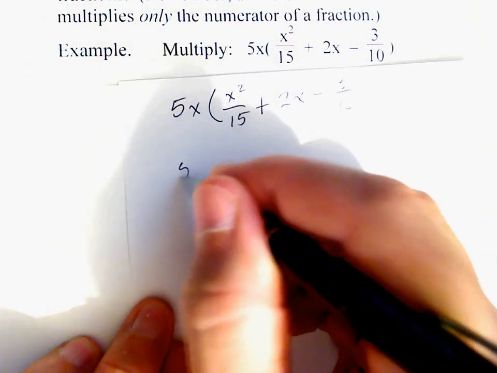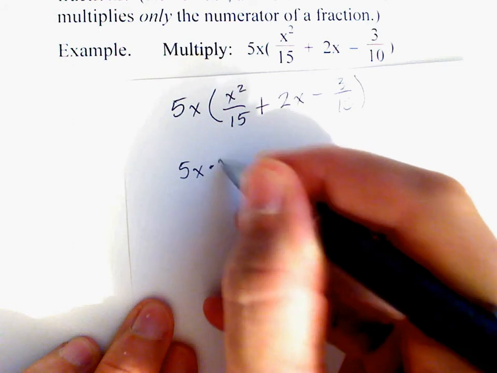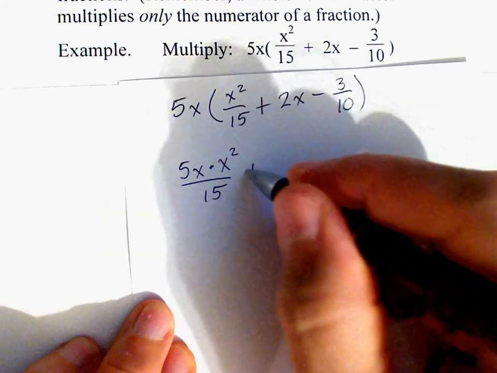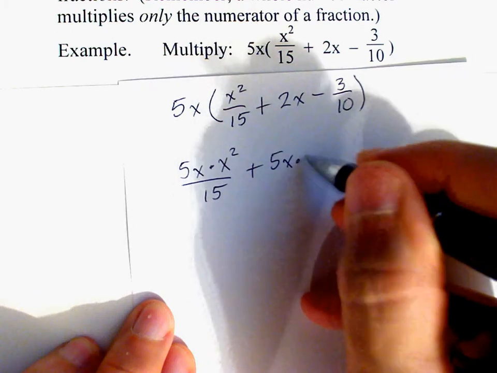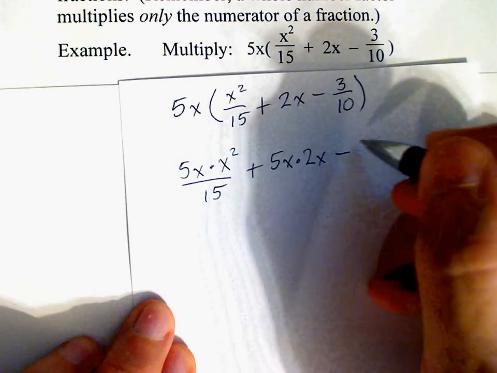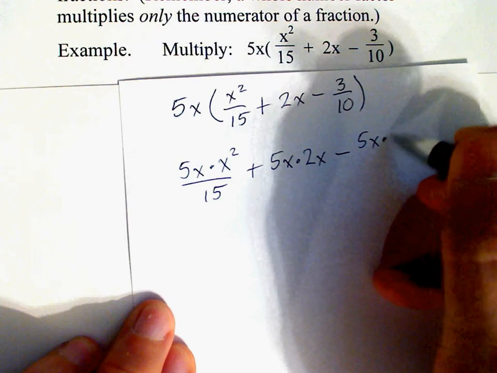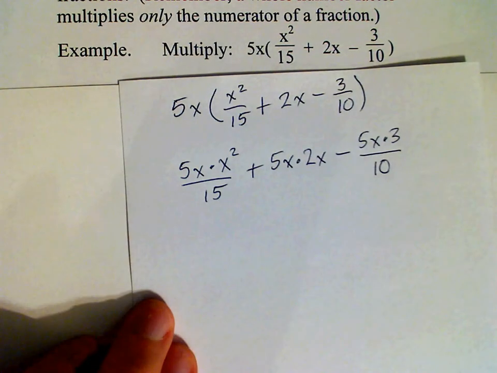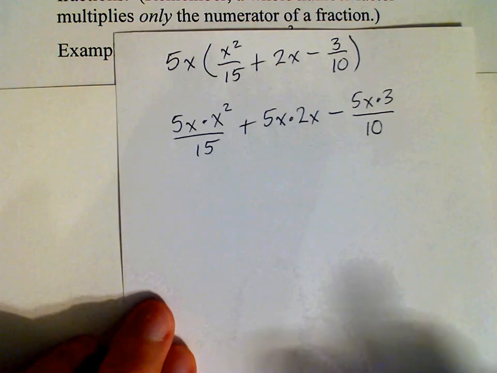So that will give us 5x times x squared over 15 plus 5x times 2x minus 5x times 3 over 10. And then the last step will be to reduce the fractions.